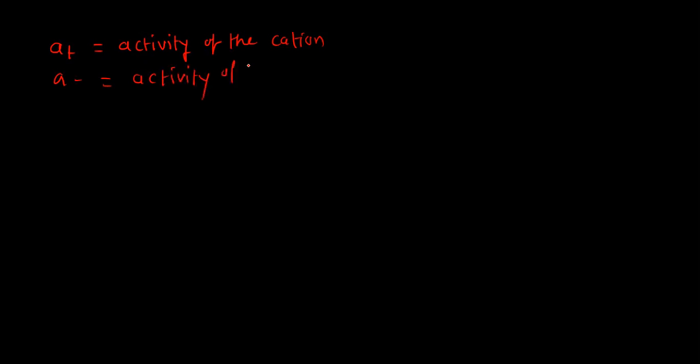So according to the definition of activity, it is the product of molality into activity coefficient. So we can write that the activity of the cation is equal to the molality of the cation into the activity coefficient of the cation.